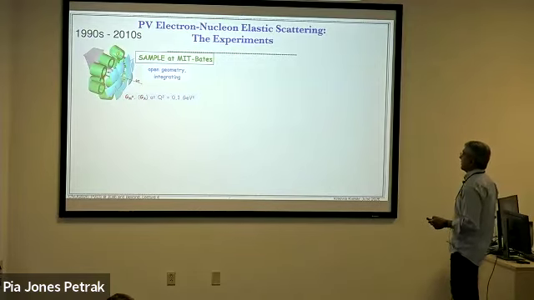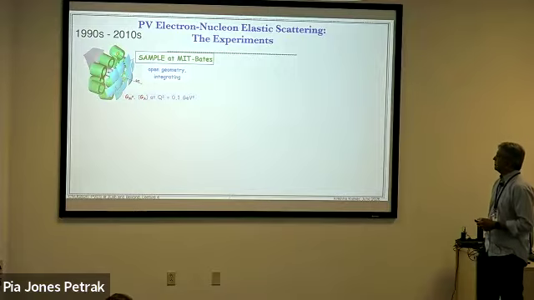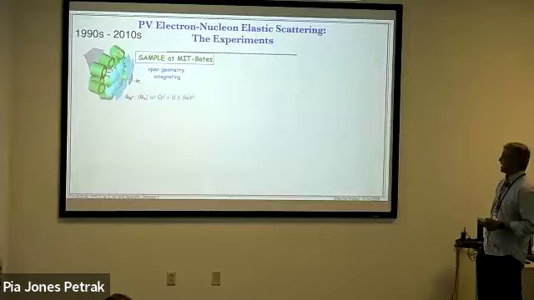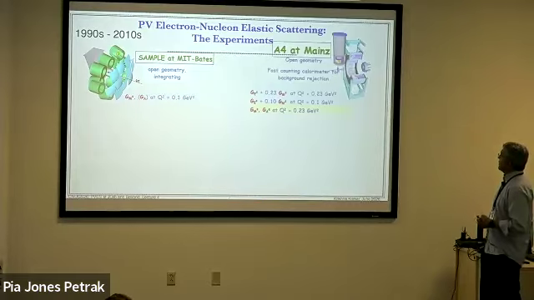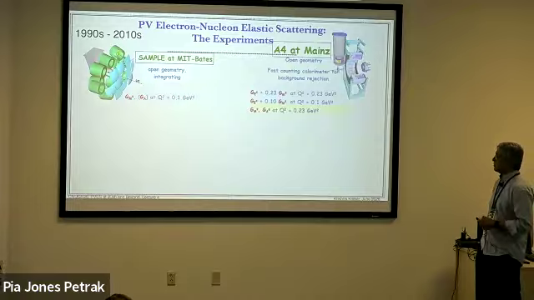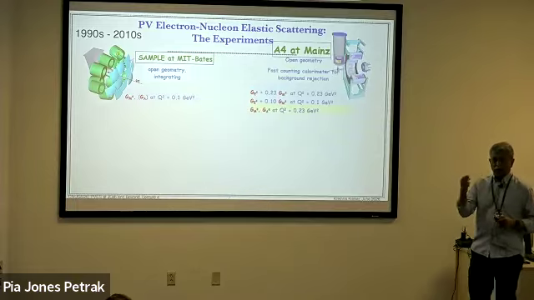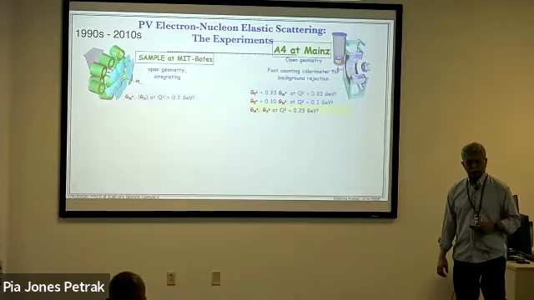The first one was SAMPLE at MIT Bates. We just had open-air Cherenkov detectors to do elastic scattering at backward angles. And then you had the Mainz experiment in Germany that used fast counting. This was the first experiment that tried to do a parity experiment by counting individual particles.